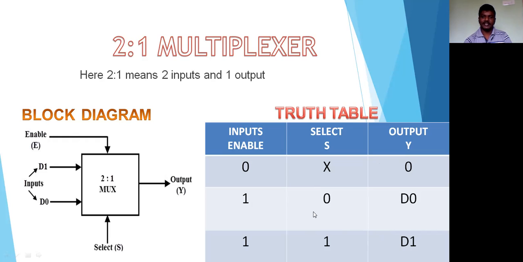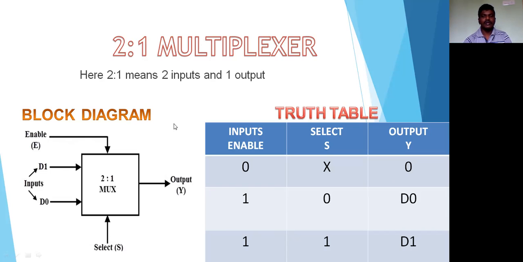Depending upon the select signal value, it will select any one of the inputs, either D0 or D1, and it connects to the output. So when enable is 0, irrespective of your select input, the output is at 0. When enable is 1, it will check the select input. If the select line is 0, the D0 input is selected and sent to the output. If the select input is 1, then D1 is selected and sent to the output.